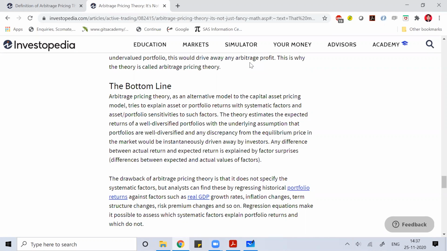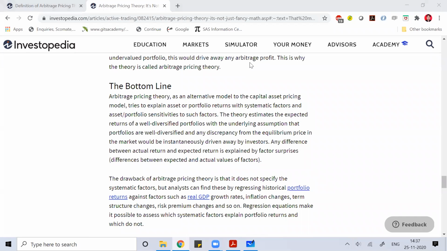So this theory basically explains the expected return of a well-diversified portfolio, with an underlying assumption that the portfolios are well diversified, and any discrepancy from the equilibrium price in the market would be instantaneously driven away by the investors, because they can understand the possibility of arbitrage, and any difference between actual return and expected return is explained by these factors of price.